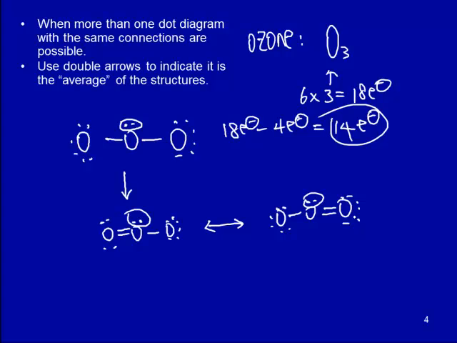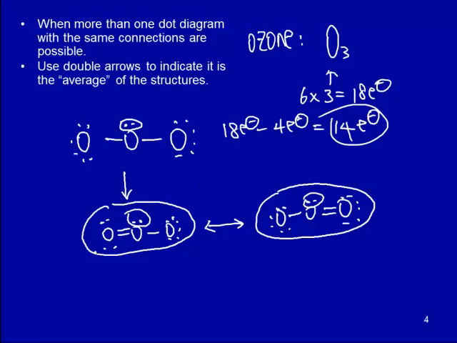So in this case, O3, we have 2 resonance structures.